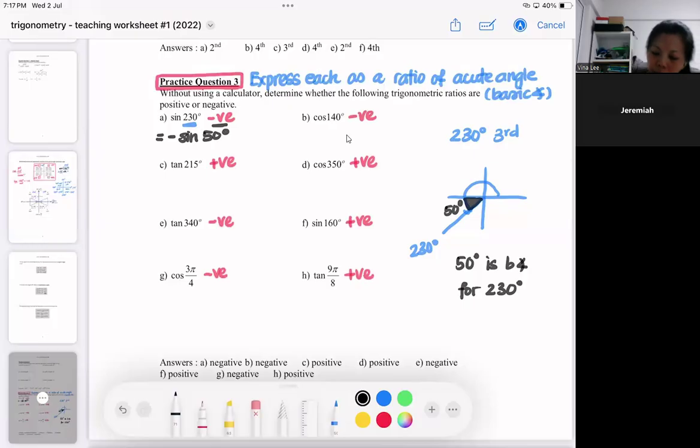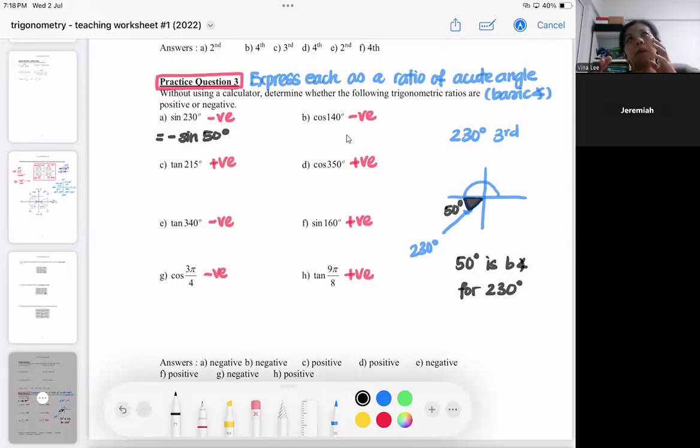That is the meaning of expressing it as a ratio of the basic angle. That means the 230, we change it to the basic angle.